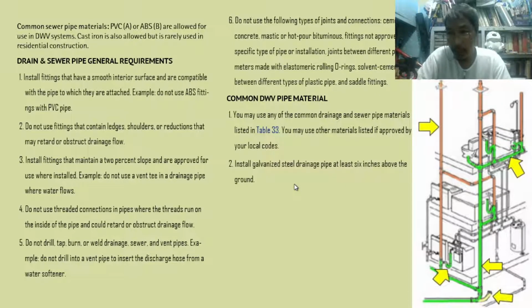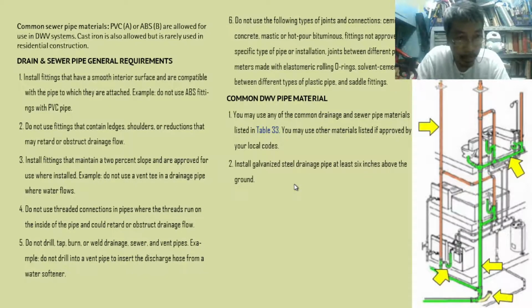If the connectors are designed for each other, meaning they are compatible, the designer will make sure there is minimal possibility of dirt or soil being trapped. Number 2, do not use fittings that contain ledges, shoulders, or reductions that may retard or obstruct drain flow. That is what I'm trying to explain. So ledges, shoulders, those are sections with possibility of dirt to be accumulated.